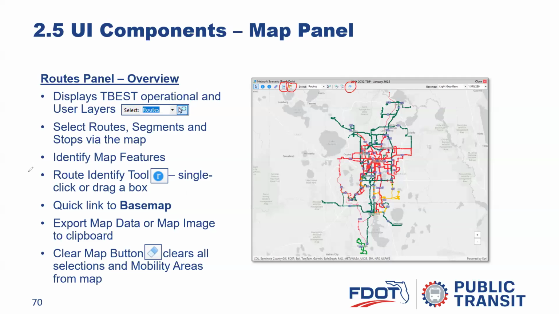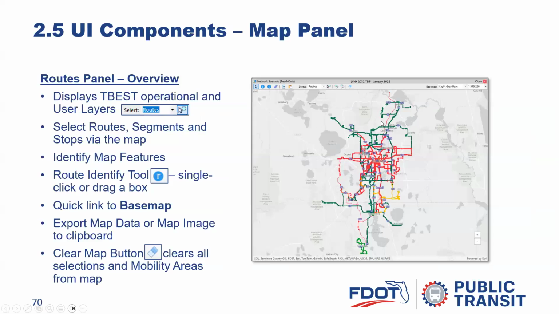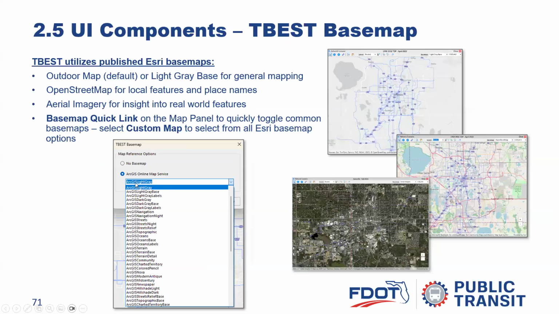All right, so let's clear this out and close it. Just in terms of the Esri base map, you have availability through the quick link base map that was on the previous slide, under your base map section up in the upper right. But you can also get to a more detailed listing of all of the different ArcGIS Online base maps that are available.